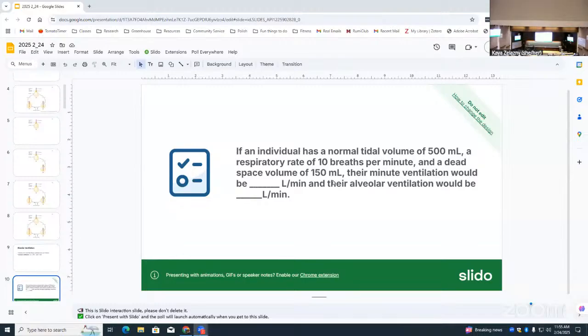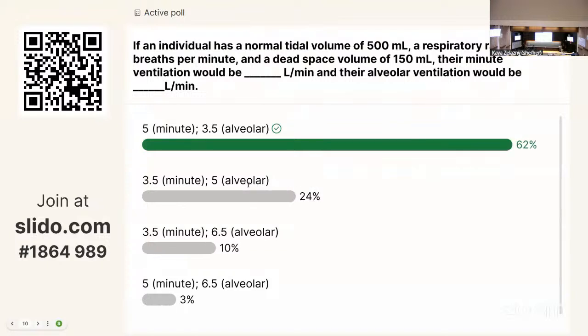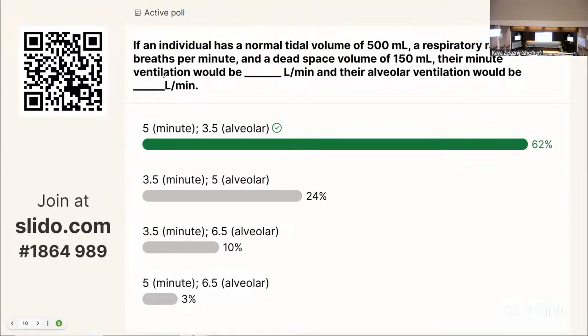Okay. So from our answer choices, even without doing the math, you actually can kind of tell the correct answer here, right? Because we already know that for alveolar ventilation, we're taking minute ventilation and subtracting something away, specifically subtracting away our dead space.